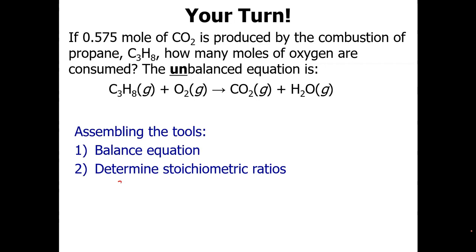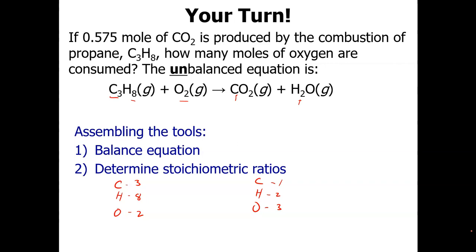I like to start balancing these equations by looking at the types of atoms on both sides of the arrow. C, H, O is what I have. I have 3 carbons, 8 hydrogens, and 2 oxygens here. Over here I have just 1 carbon, 2 hydrogens, and 2 plus 3 oxygens.